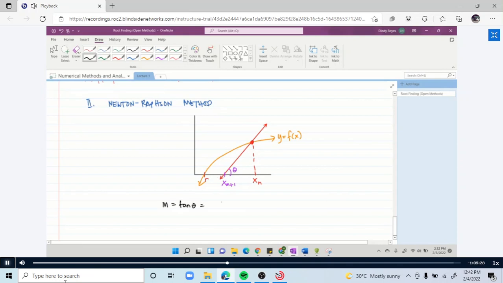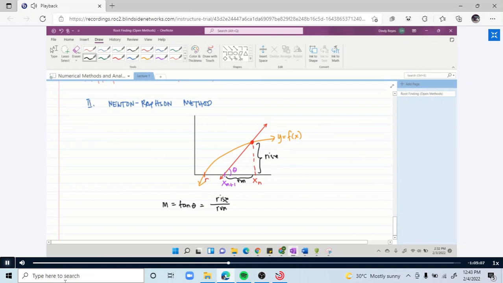So tangent theta is equal to opposite over adjacent side, or slope is actually rise over run. Ito yung rise. Ito yung run. Diba?